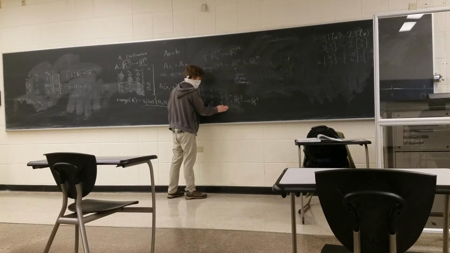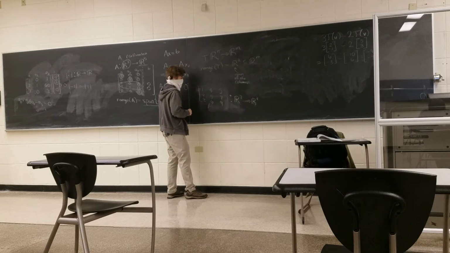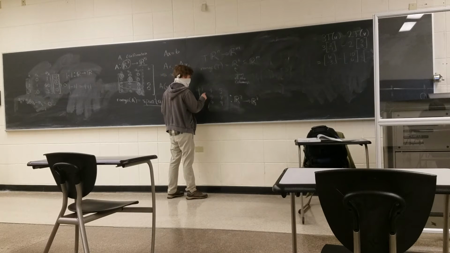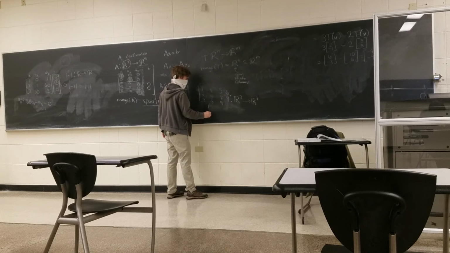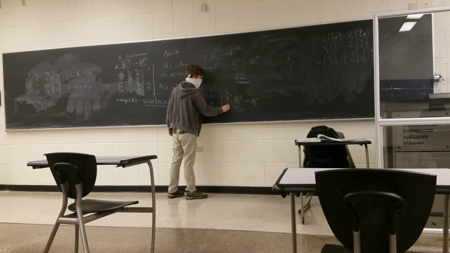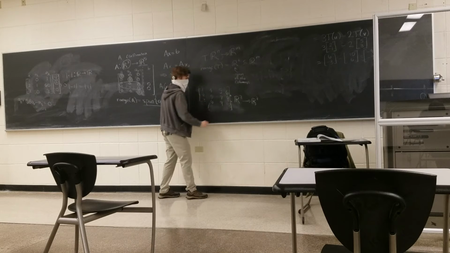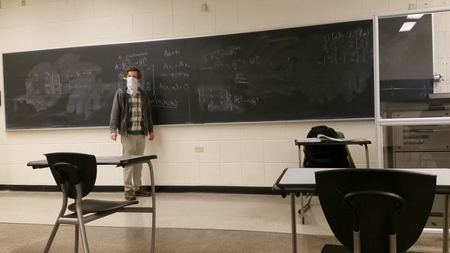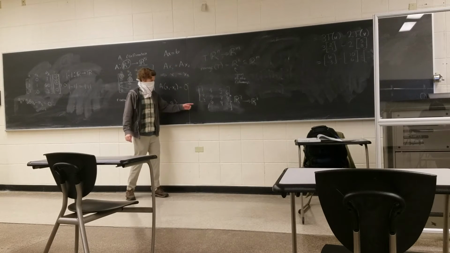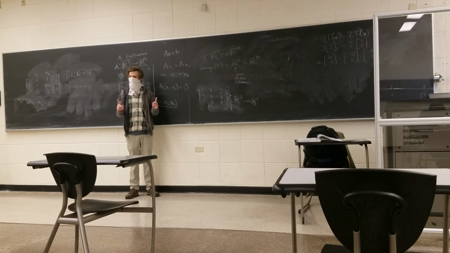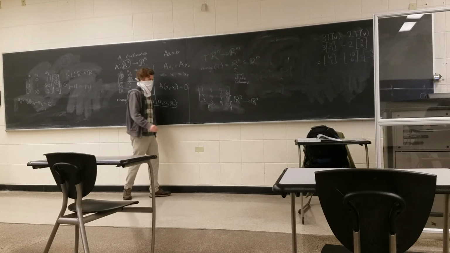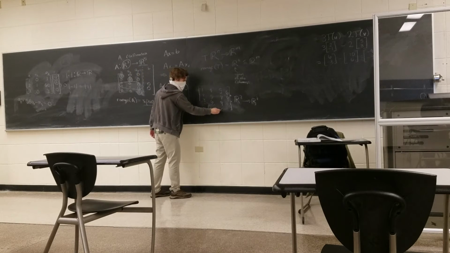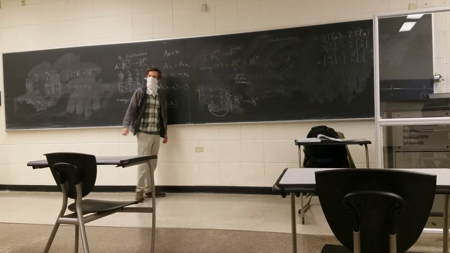Let's make more columns than rows. Let's do 6, 9, 12. There are only two linearly independent columns in this. These two are linearly independent, but this is a combination of these two, and this is a combination of these two.